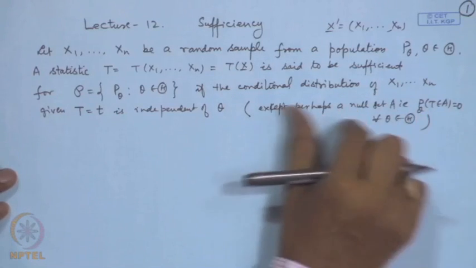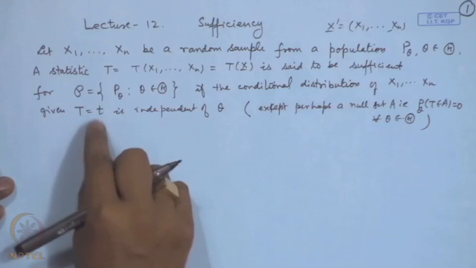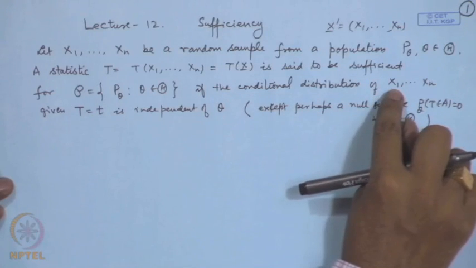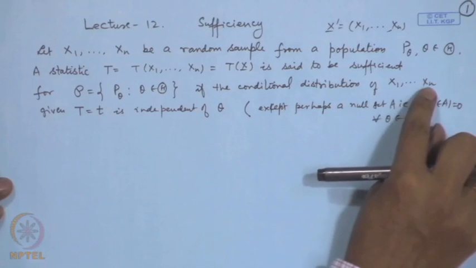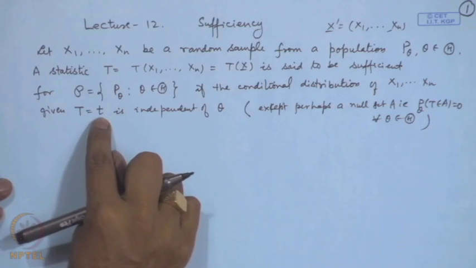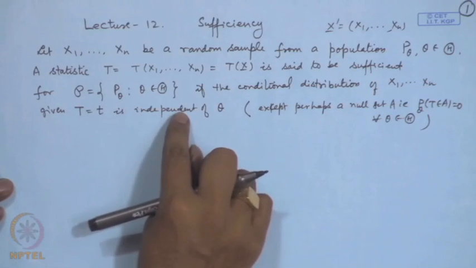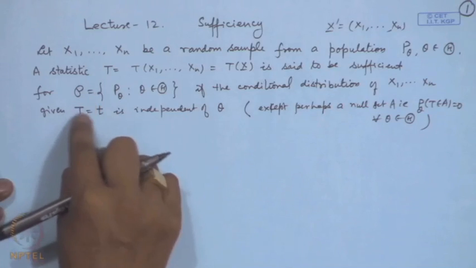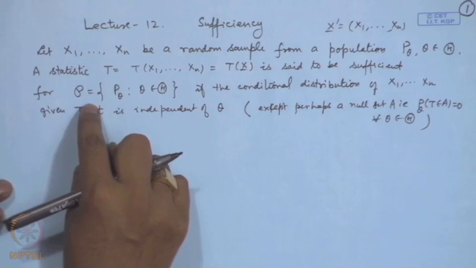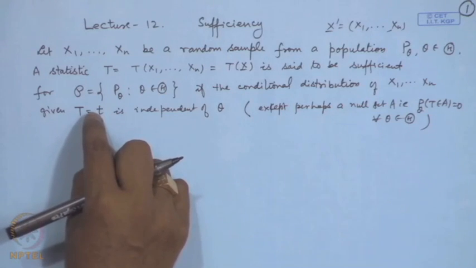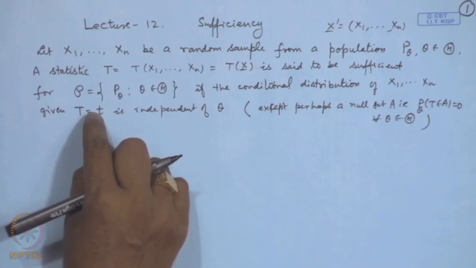So, this is an exceptional case, but in general if the distribution of the random sample given the statistic is independent of the parameter, then we say that this t is a sufficient statistic.